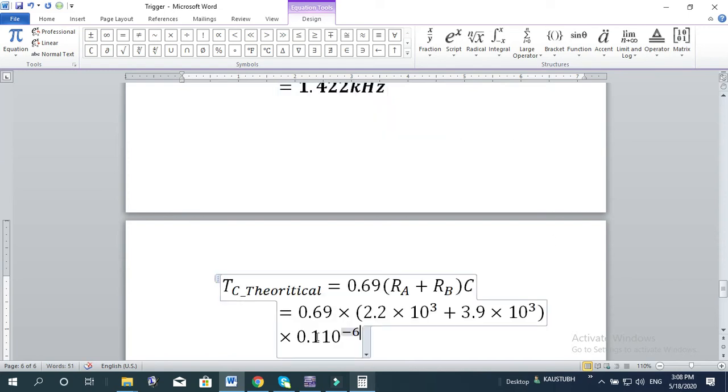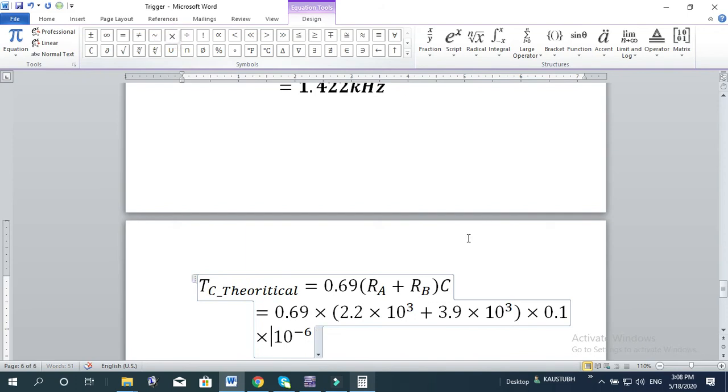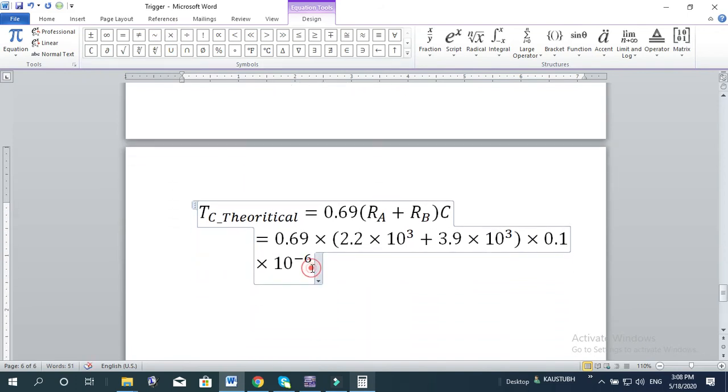Okay, so which will be equal to 0.4209 millisecond. Okay, so which is equal to 420.9 microsecond.